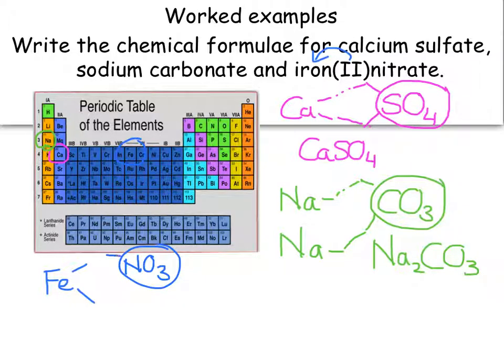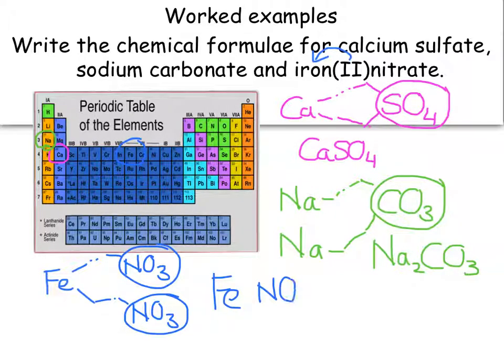Put a circle around it, give it 1 arm, and I hold hands and I need another nitrate, so I put another entire nitrate group there and then hold hands like that. That means that I have got 1 Fe and 2 nitrate groups. The way I represent that is I put a bracket around the nitrate group and a subscript 2.